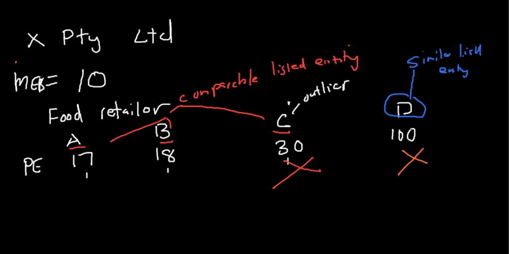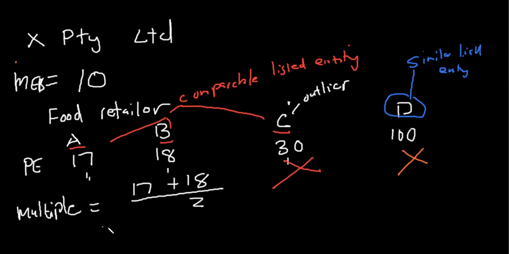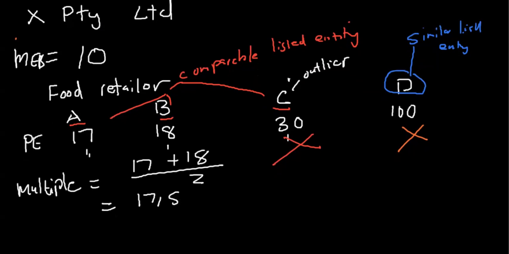We remove it from our valuation. Cool. So if we want to determine our multiple, it will basically be the PE ratio of A plus the PE ratio of B, divided by 2. So we're going to use the 17.5 as our comparable multiple.